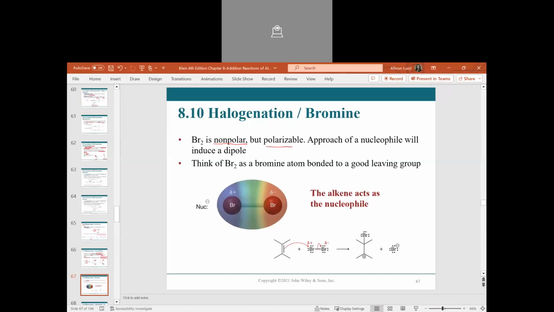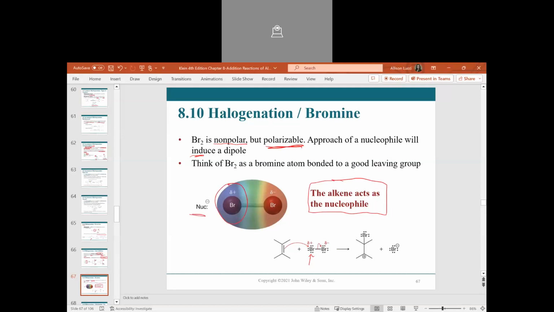But nonetheless, we can polarize a nonpolar bond. We can induce a dipole. Our alkene, our double bond, our pi bond, will act as the nucleophile. It will distort the electron cloud on this bromine here, and this bromine, the one near the nucleophile, will become slightly positive.